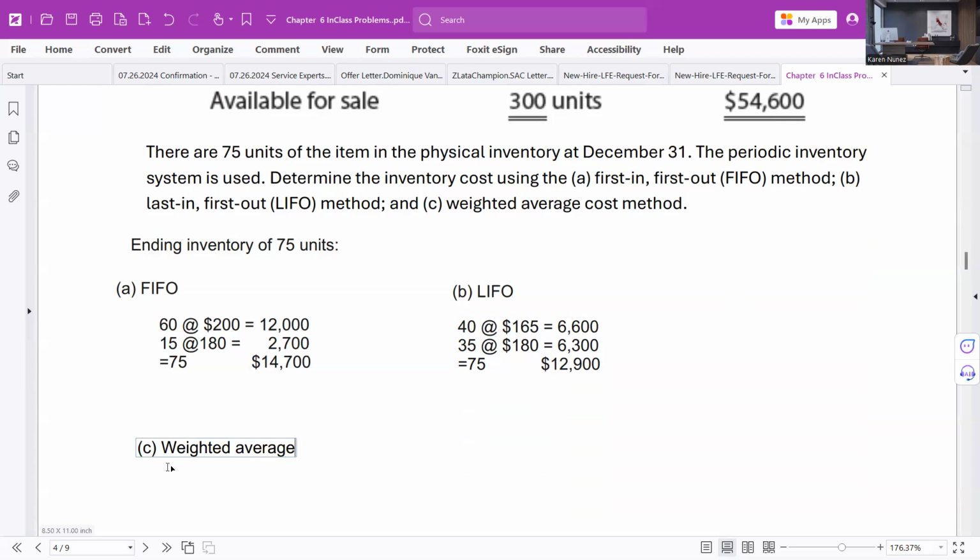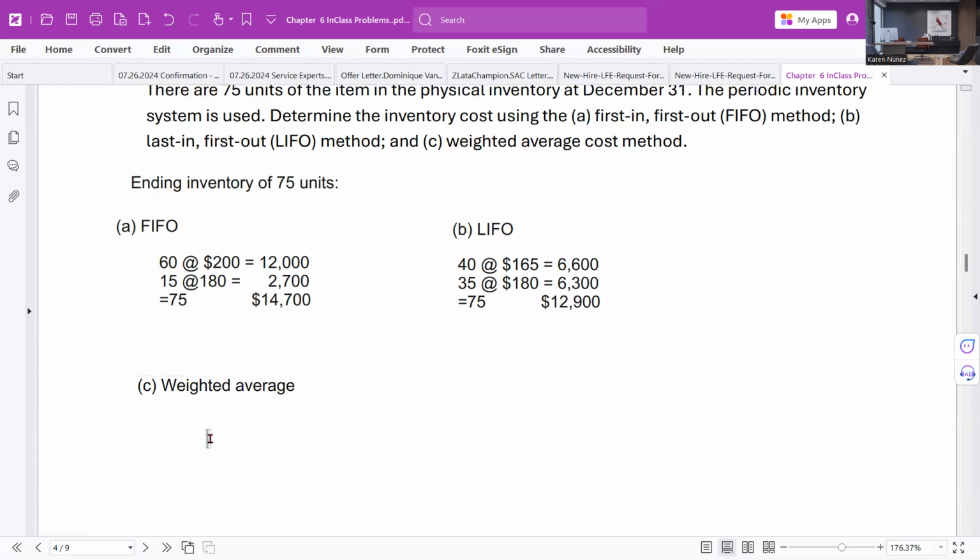The weighted average method, well, the first thing we need is an average cost. The average cost is the total cost divided by the number of units.